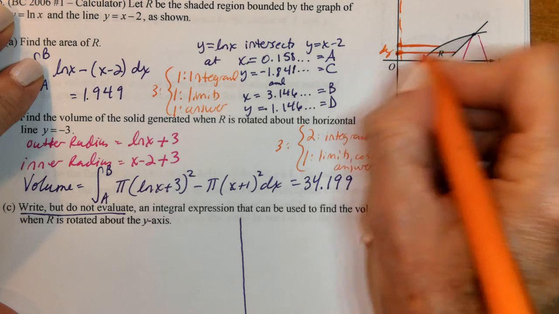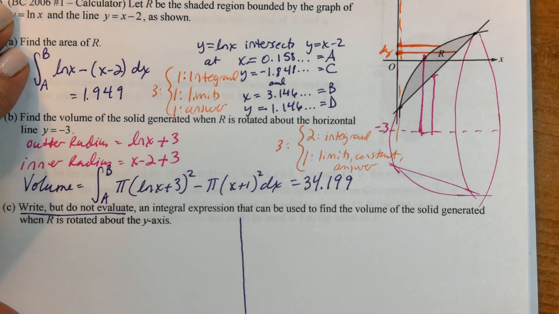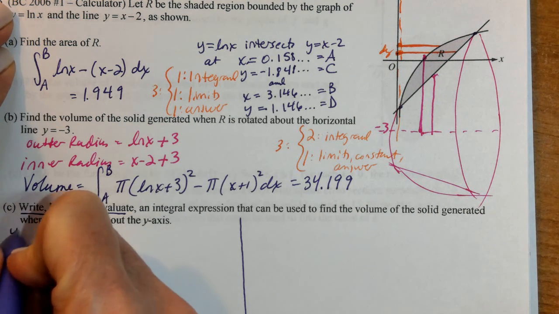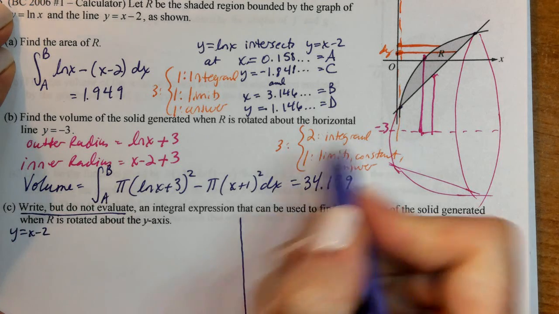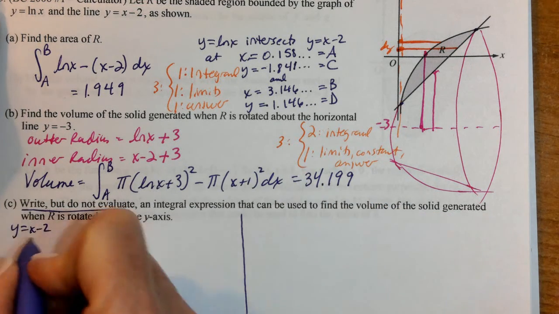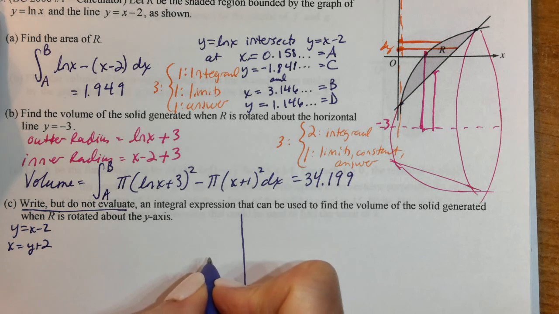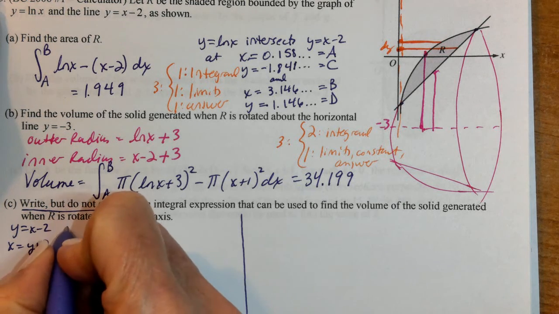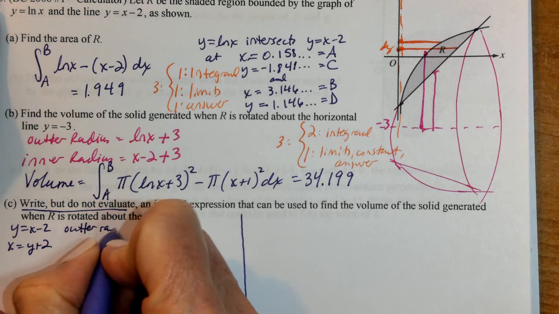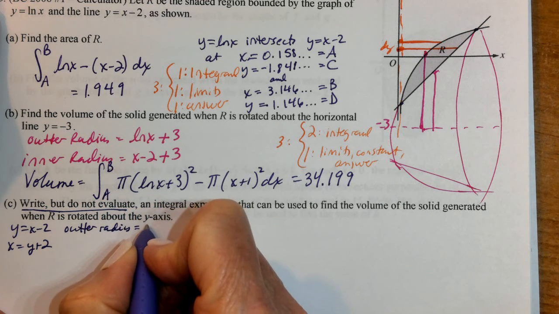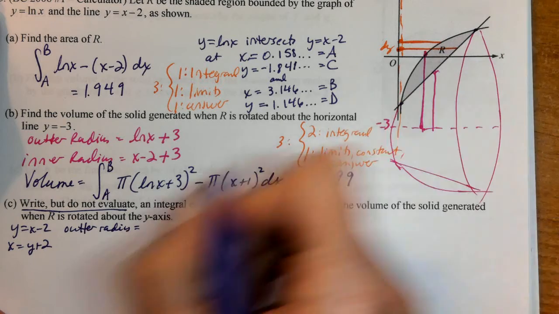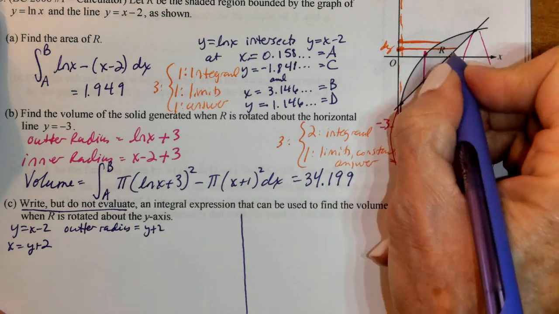So the outer radius we need, we have y is equal to x minus 2, but we need that in terms of y. So just solve that for x. It's not hard. Our outer radius is y plus 2 minus 0.